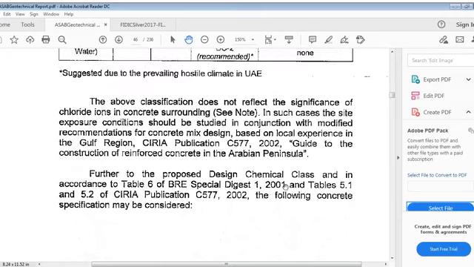Now this classification doesn't reflect the significance of chloride ions in concrete surroundings. No such cases. Site exposure conditions should be studied in conjunction. Modified recommendation of concrete mix design based on local experience in the Gulf region. CIRIA publication C577, 2002, Guide to Construction of Reinforced Concrete in the Arabian Peninsula.